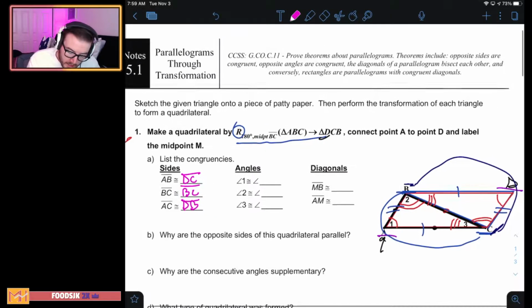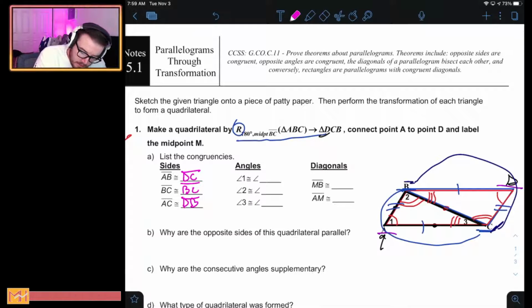And then angle 1 is congruent to angle D, right? Angle 2, which is right here, is congruent to this angle. How do we name that? That's angle BCD. And then angle 3, which is right here, is congruent to this angle up there, which is CBD.